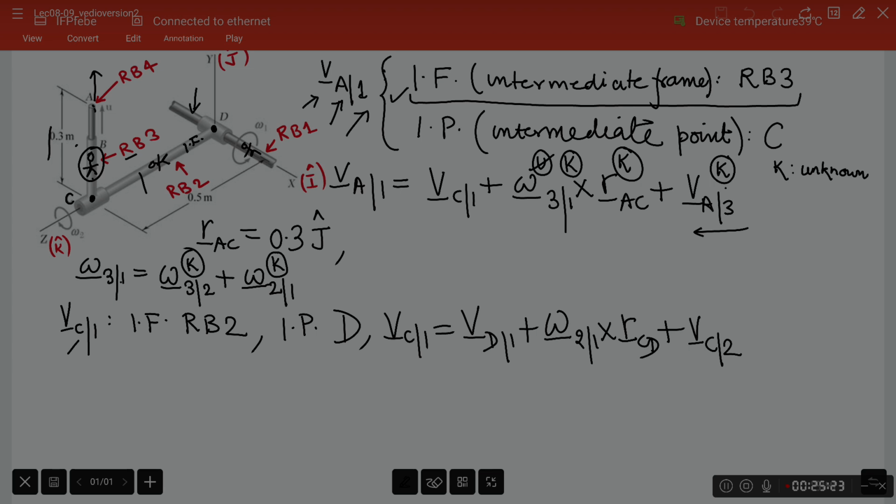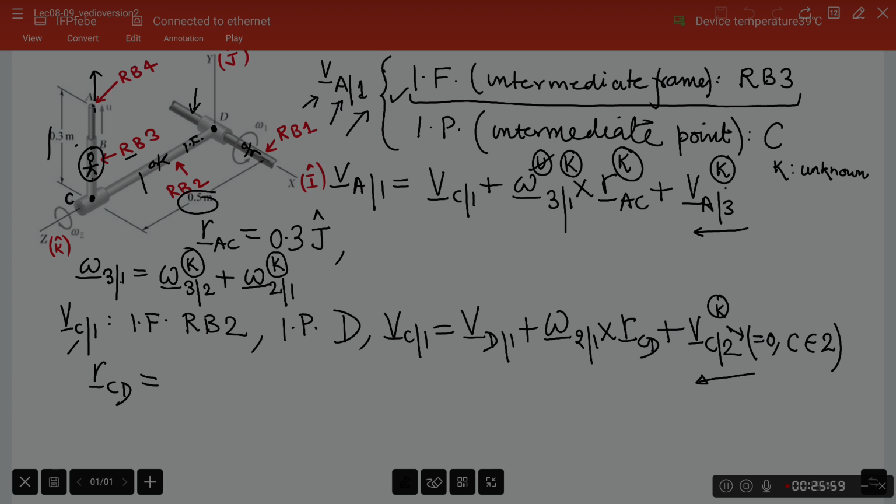Having written this relationship, I would like to again sweep from right to left and see what the known quantities are and what the unknown quantities are. This quantity Vc2 is known. In fact, this is equal to 0 because C is a point fixed in RB2 itself. RCD is a geometric quantity. Is it given? Indeed it is given.